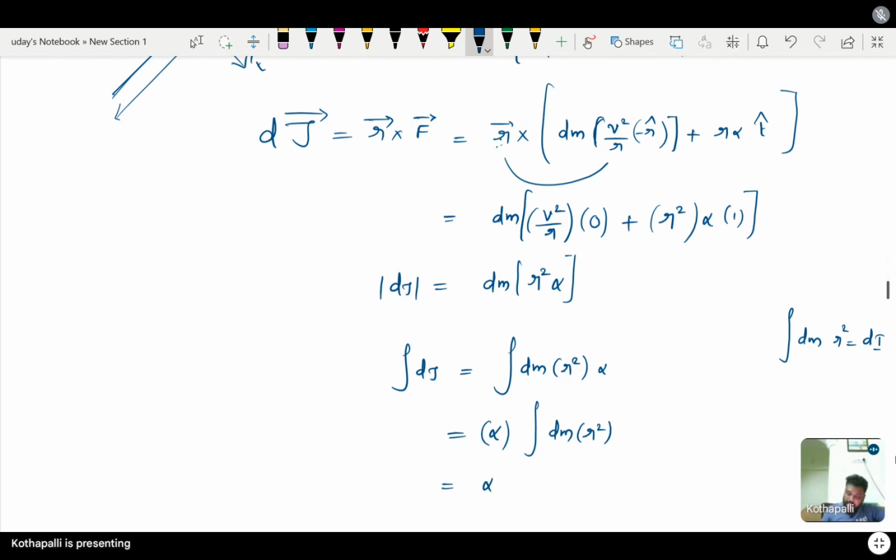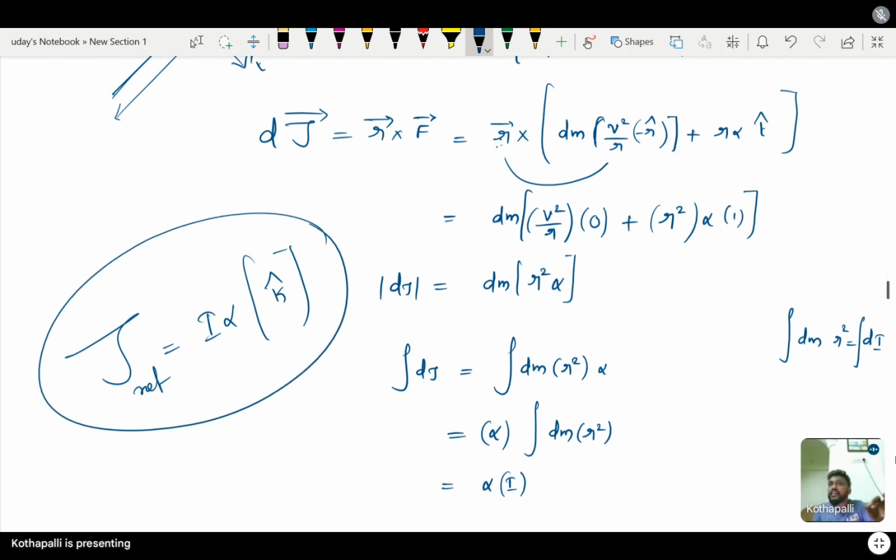So the final conclusion for the torque is I alpha. It will be k cap, because the cross product of these two vectors will be perpendicular to this plane. So what is the net torque of the situation? I alpha. As the net angular momentum of a rigid body is I omega, the net torque of the rigid body is what?